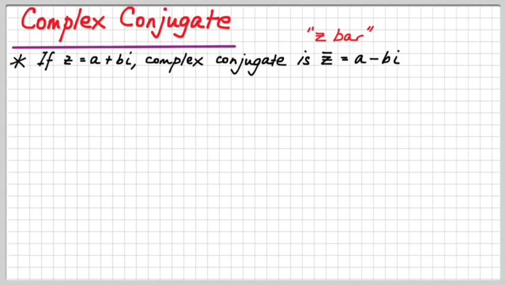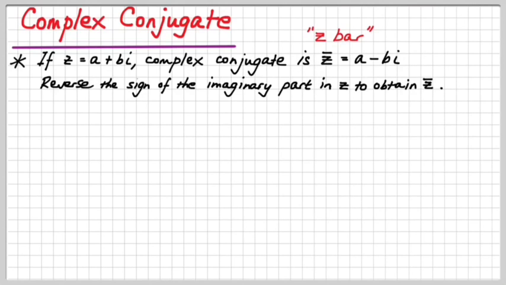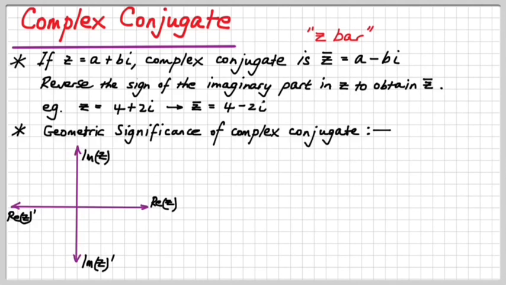And z bar, ladies and gentlemen, is a minus bi, which is simply the same as this, except that the sign in the middle is changed, okay? It's reversed. That's how it works. So we reverse the sign of the imaginary part in z to obtain z bar. For example, if z was 4 plus 2i, then z bar would be 4 minus 2i. Now that's pretty easy, isn't it?